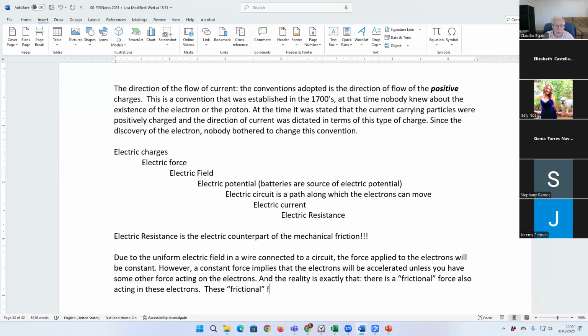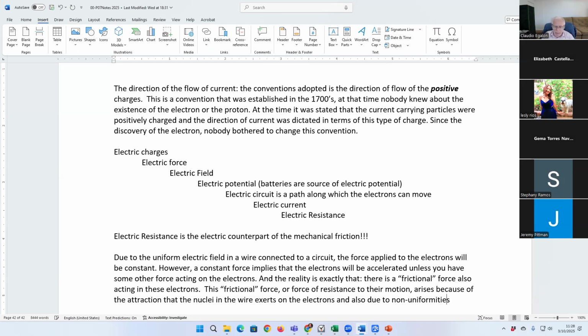This frictional force, or force of resistance to their motion, arises because of the attraction that the nuclei in the wire exert on the electrons, and also due to non-uniformities inside the metal.